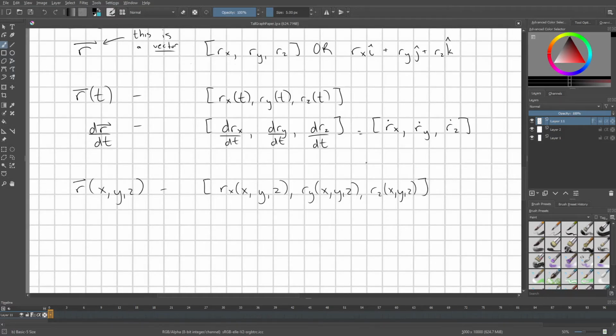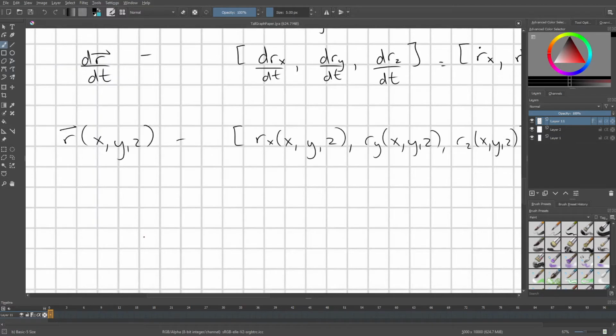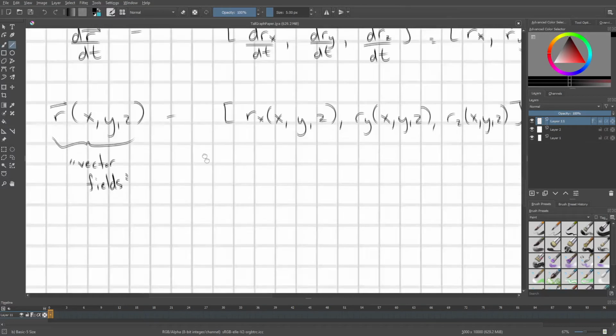And usually in these situations, we'd be talking about vector fields. Because think about what this is saying.